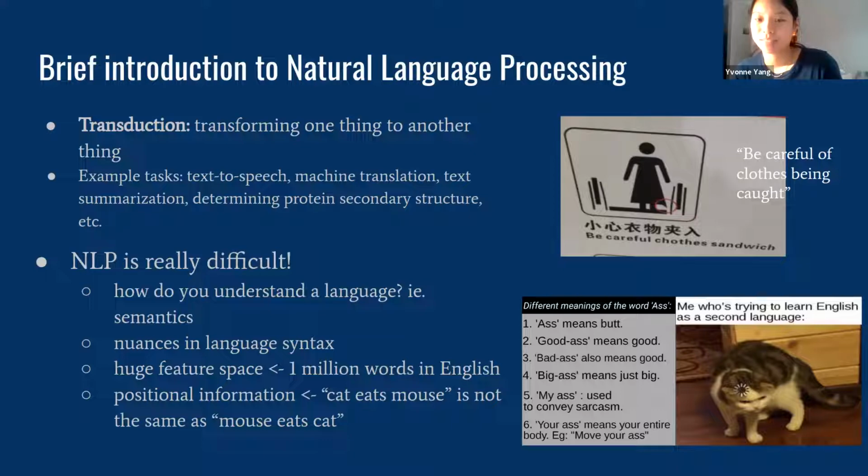But basically, say as a naive solution to this, you associate every word in your text with an index of where it appears in the words, then you've actually already doubled your feature space. And that becomes a way bigger and harder to solve problem, right? So these are some challenges that you encounter in NLP.